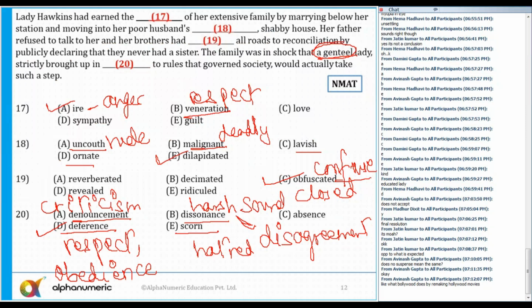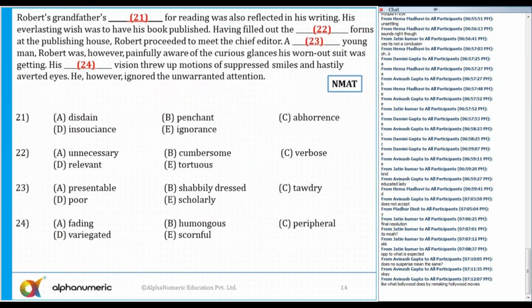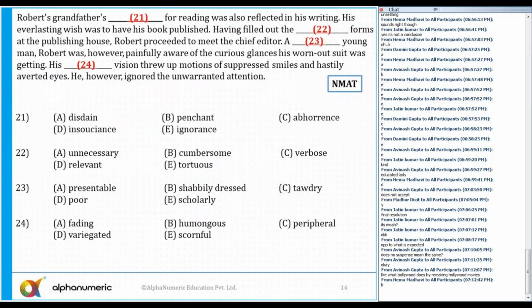Next one. Robert's grandfather's dash for reading was also reflected in his writing. His everlasting wish was to have his book published. If he wanted to get his book published, that means he was as interested in reading as he was in writing.